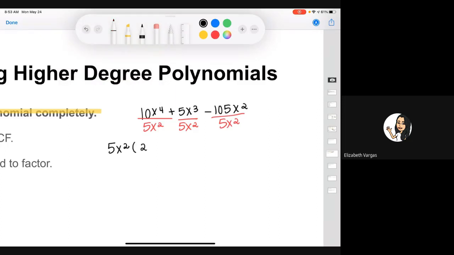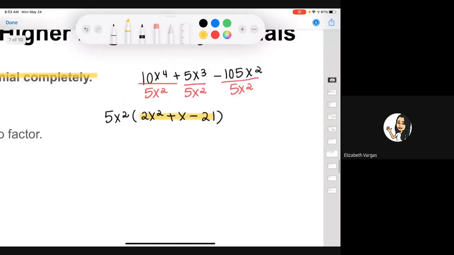And the answer is 2x squared plus x minus 21. So you can see I've already created a much simpler expression of my original polynomial by just taking out 5x squared.